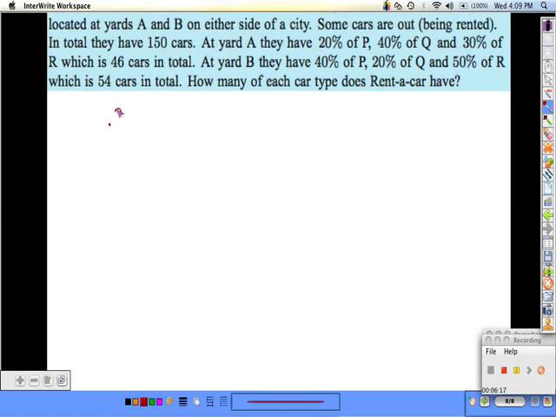So there's 20% of P plus 40% of Q plus 30% of R, which totals 46 cars. That's for yard A. At yard B, there's 40% of P, 20% of Q, and 50% of the R's, which give us 54 cars.